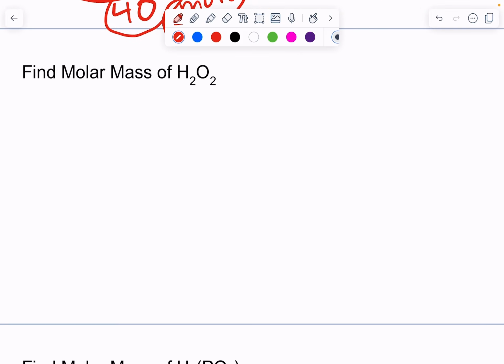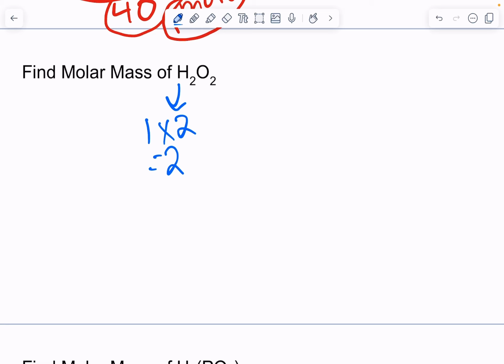We got H2O2. This is known as hydrogen peroxide. Hydrogen peroxide has 2 hydrogens and 2 oxygens. That's what those subscripts mean, which tells me I have to add up 2 hydrogens and 2 oxygens worth of molar mass units. So I have a molar mass of 1 for every hydrogen, but I actually have 2 hydrogens, so I'm going to multiply that by 2 to give me a total of 2.